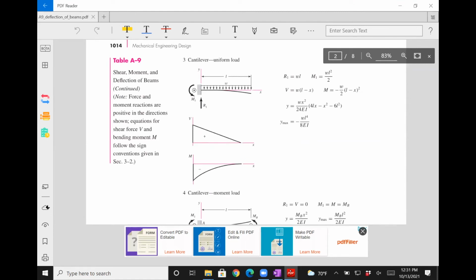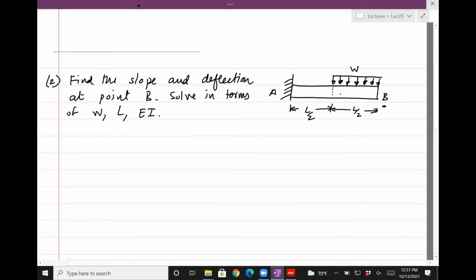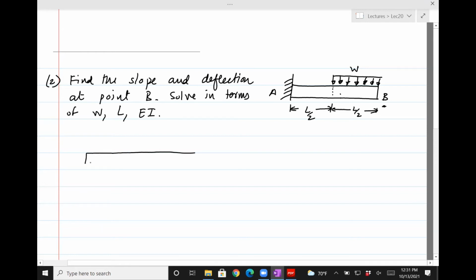Okay, so how do we use this case? Well, what we can do is this. First just put the case which you know about, right? So just put a load W on the whole beam, right?